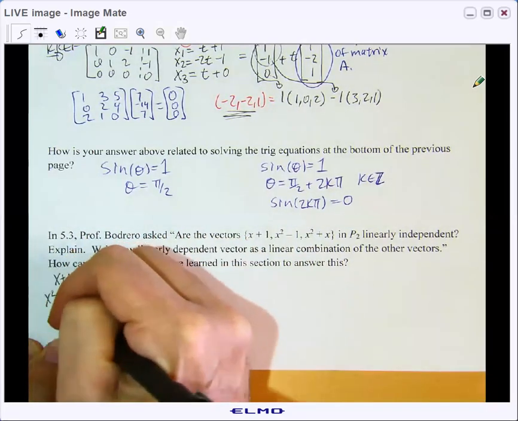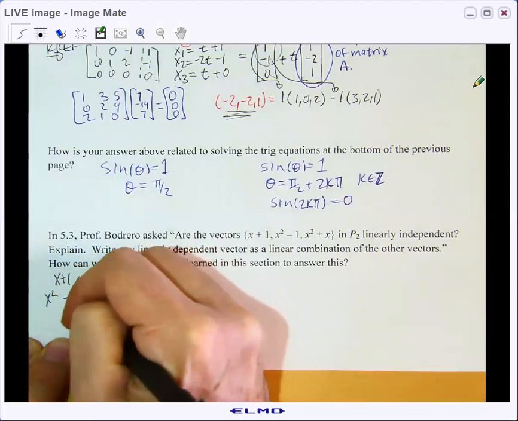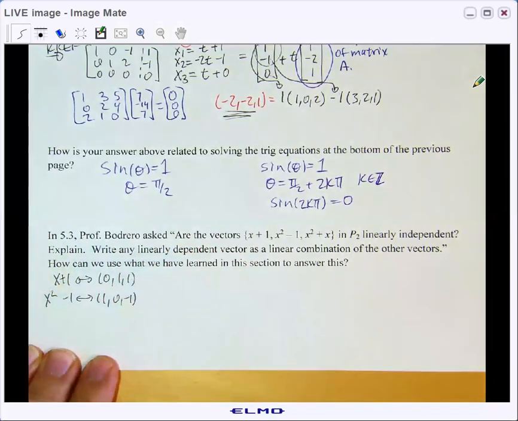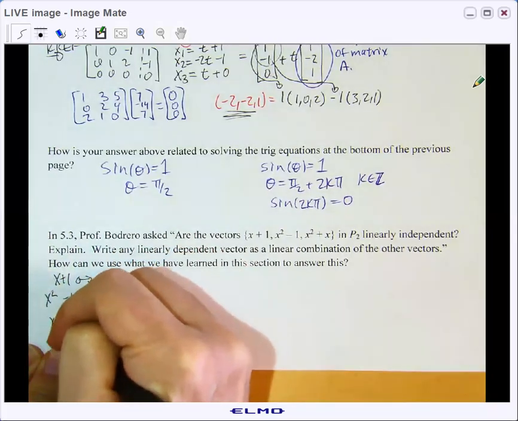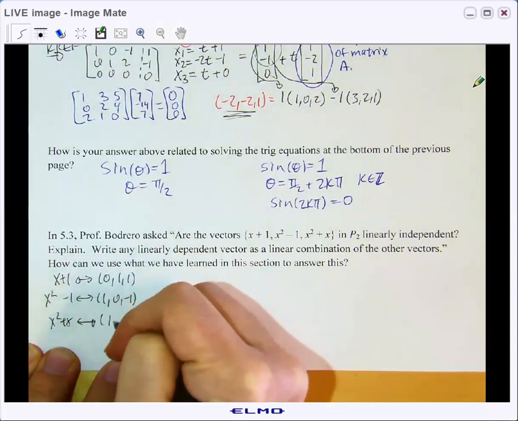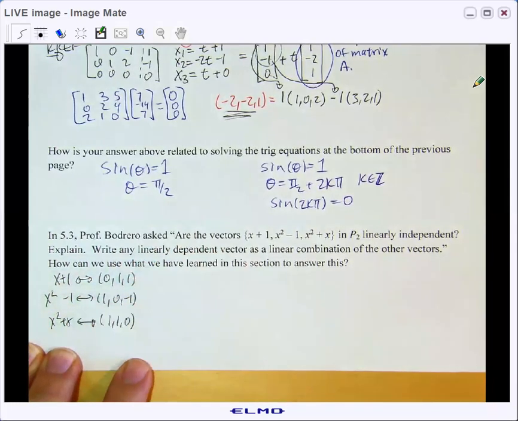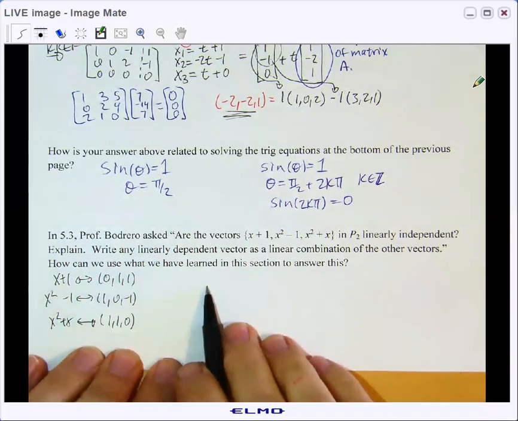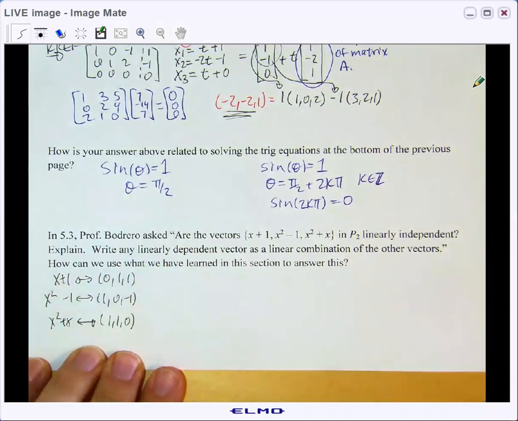Similarly, x squared minus 1 corresponds to the vector 1, 0, negative 1. And x squared plus x corresponds to the vector 1, 1, 0. And so we can check to see if they are linearly dependent or not.